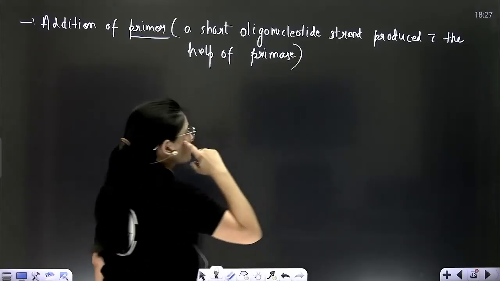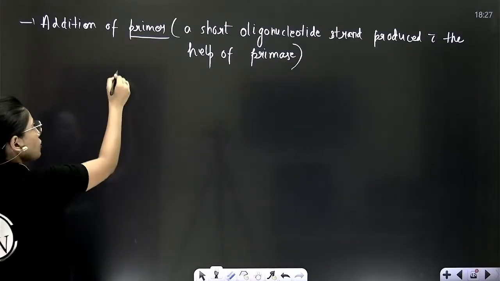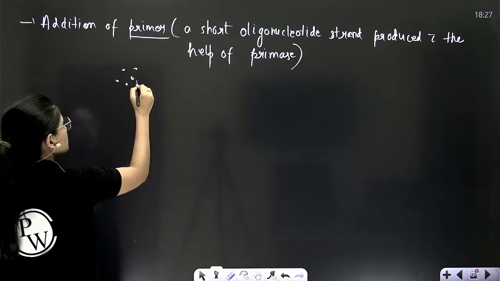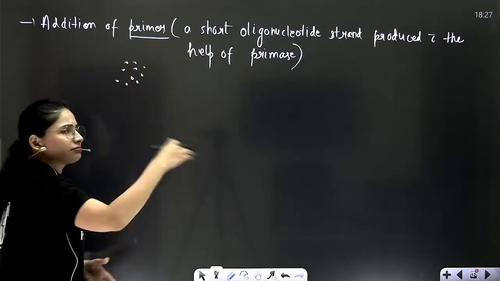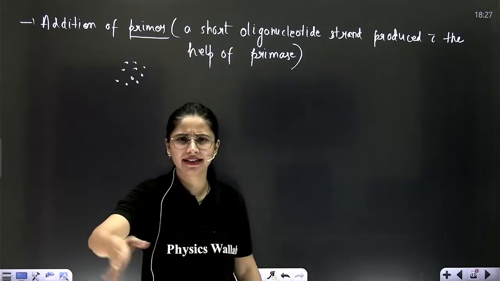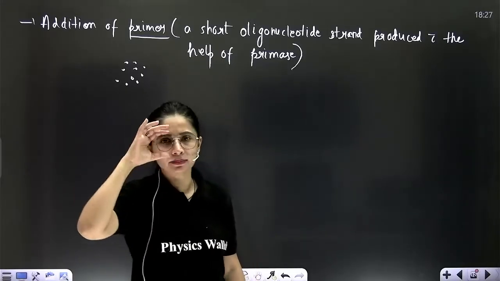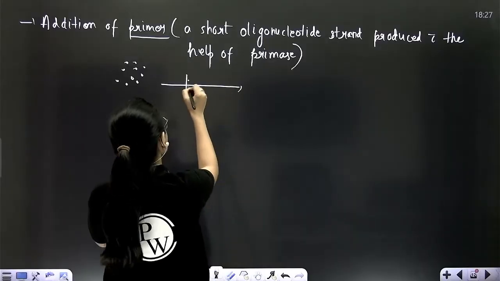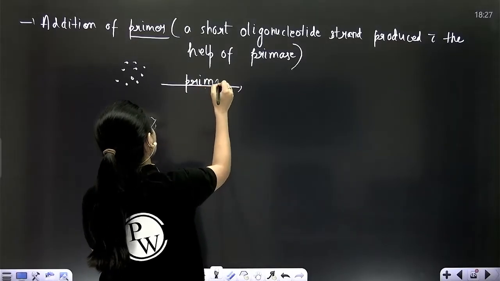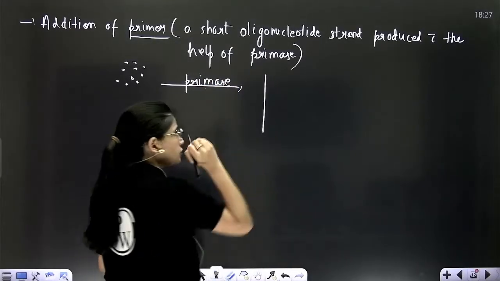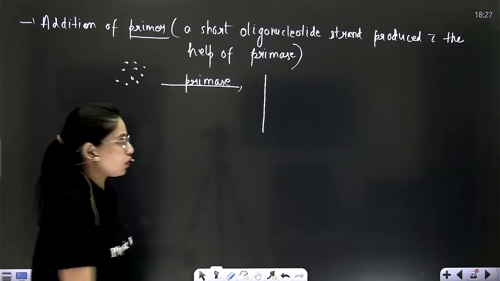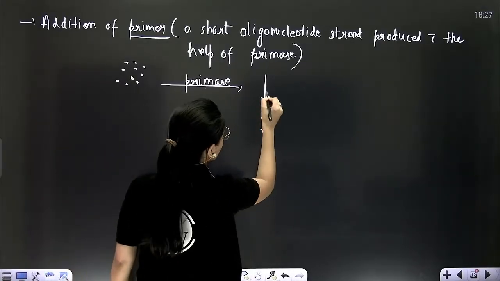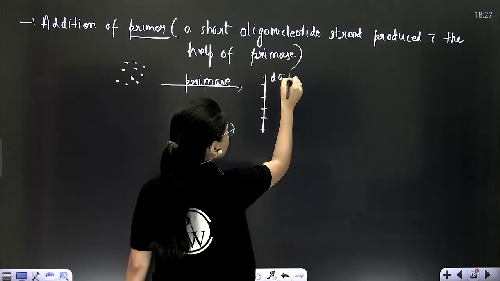Okay, now suppose in the cytoplasm, obviously there are so many free nucleotides. All these are nucleotides, random, dATP, dCTP, dGTP, random nucleotides. So now these random nucleotides, in the presence of the enzyme, they will be made to join in a strand-like manner. So all the nucleotides have attached themselves in random manner.